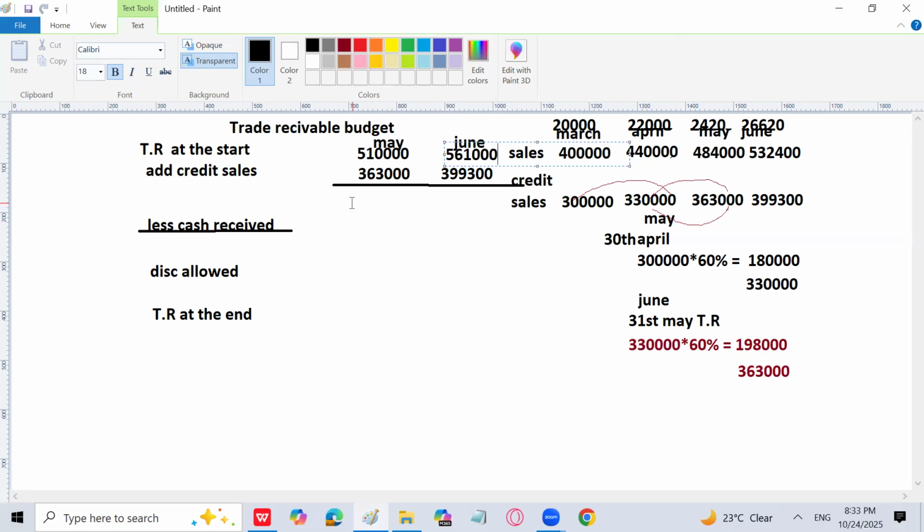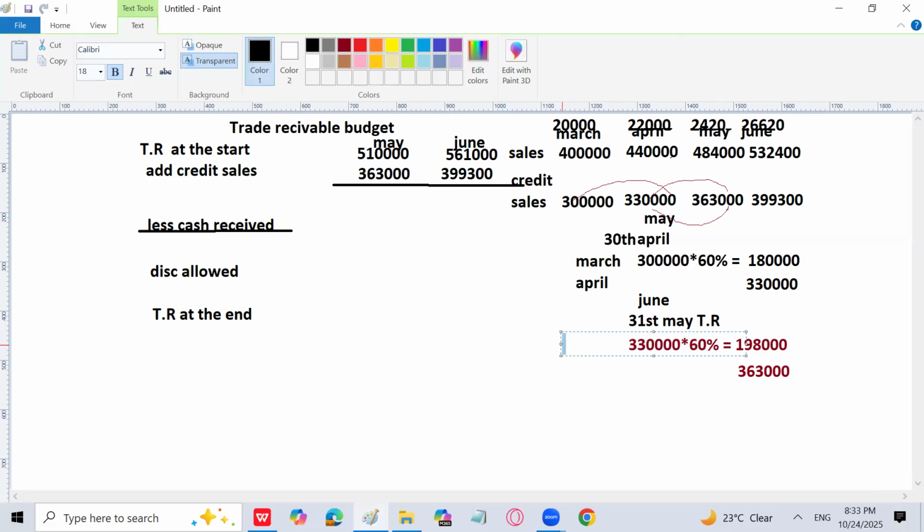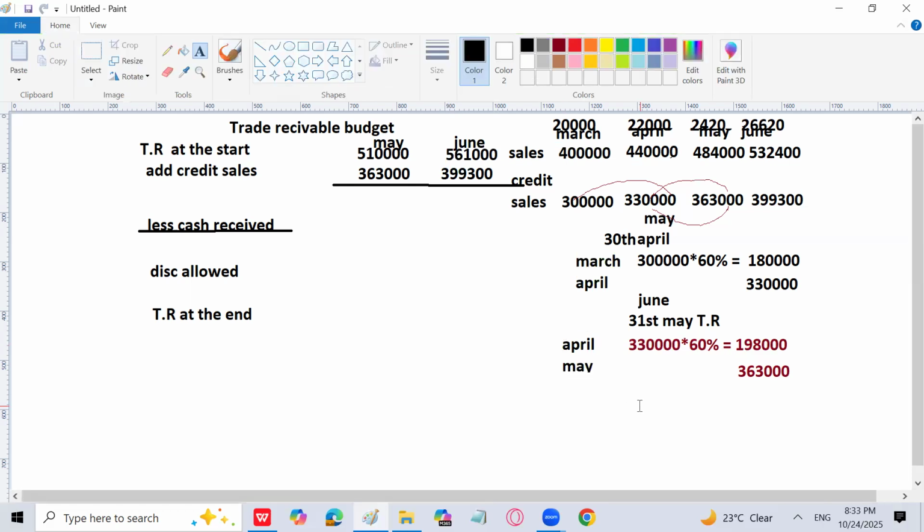Now we are done with this. We have found the trade receivables. You can write here. Yes, if you want to write, you can write here. This is from March sales. This is for May sales. Sorry, March and April sale. And same is the case here. This is from April sale, the remaining April sales. And this is basically for the whole amount is May sales, which are supposed to be the trade receivable on 1st May and 1st June.